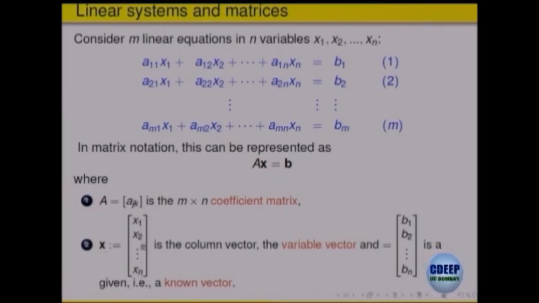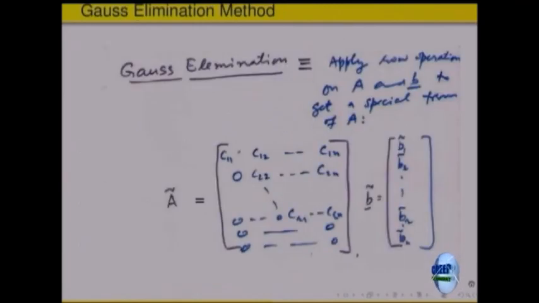This is n rows, one column, and A is m rows, n columns. So, when you multiply, you will get m cross one. So, b1, b2, bm. There is a typo here, it should have been bm. In matrix form, you get A x equals b, the matrix form of the equation. The idea of writing in matrix form is that we are not really concerned with x, only with A and b when we apply elementary transformations.